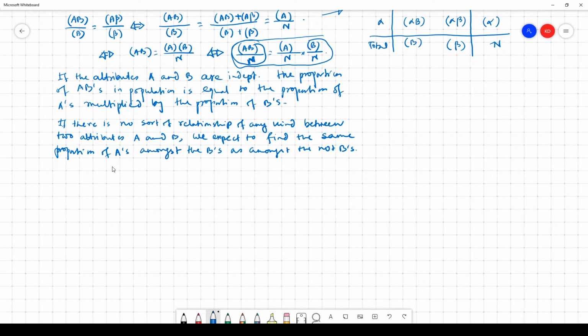So now we consider, suppose A and B are independent.